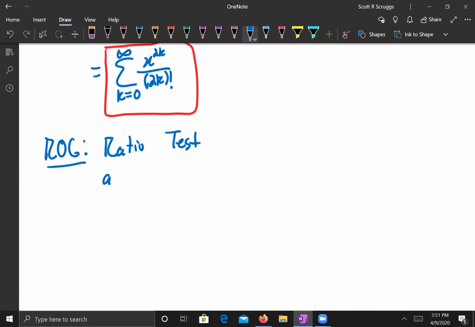So I'm going to list out a of k, which means I copy down what the terms in the series were. And a of k plus 1 tells me wherever I saw a k originally, replace it with k plus 1.